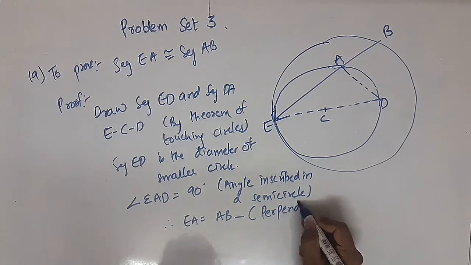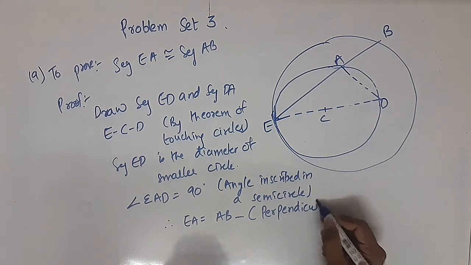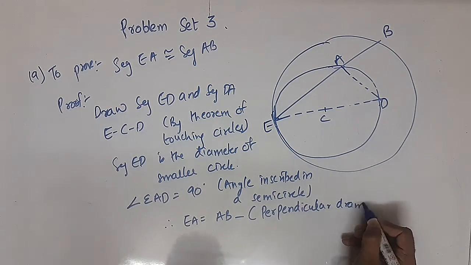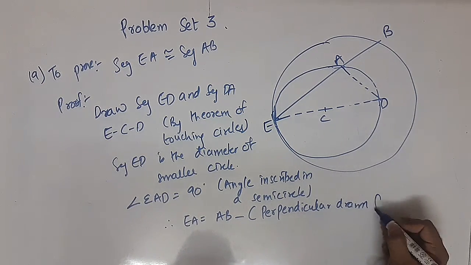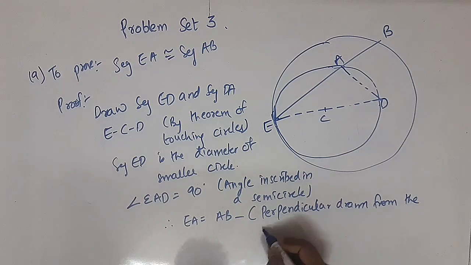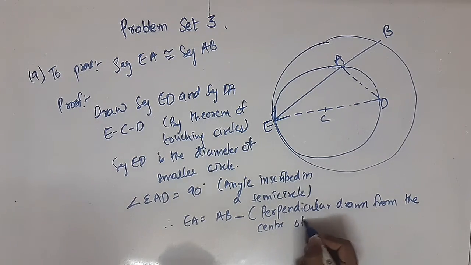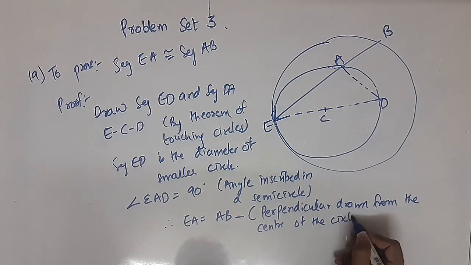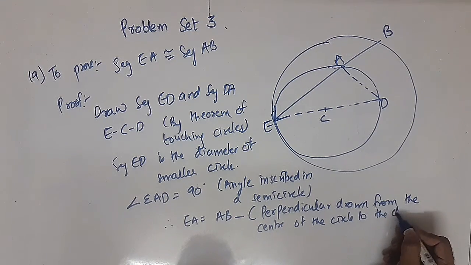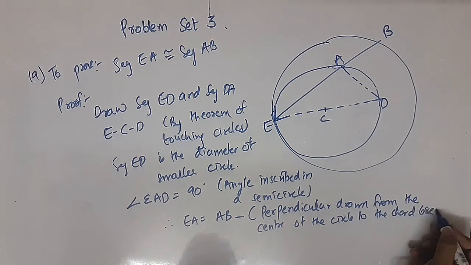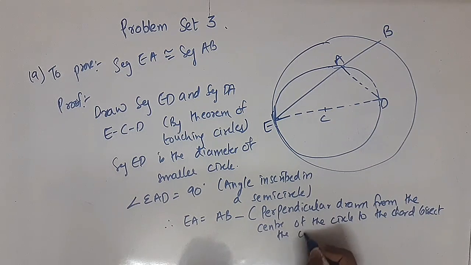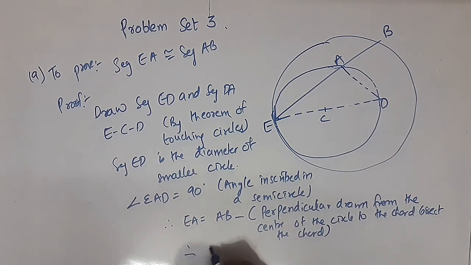The reason you have learnt in 9th standard: perpendicular drawn from the center of the circle to the chord bisects the chord. Therefore, seg EA is congruent to seg AB. Okay, seg EA is congruent to seg AB.